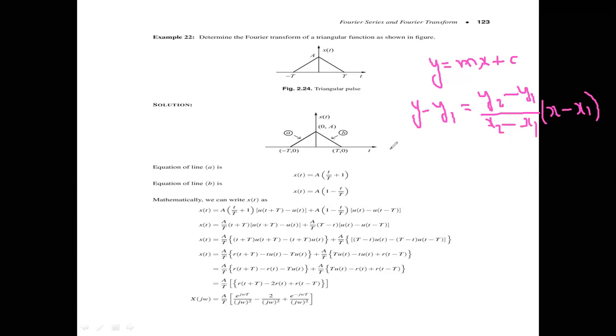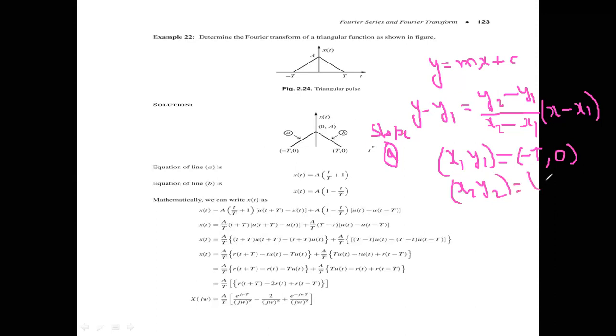Taking the coordinates (x1, y1) as (−T, 0), and (x2, y2) as (0, A).